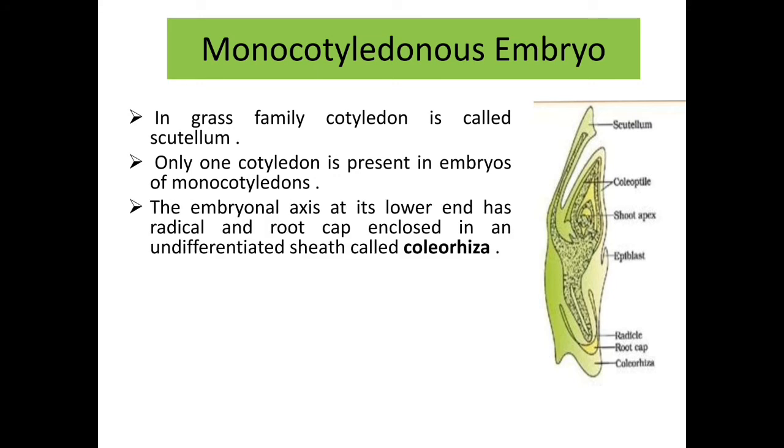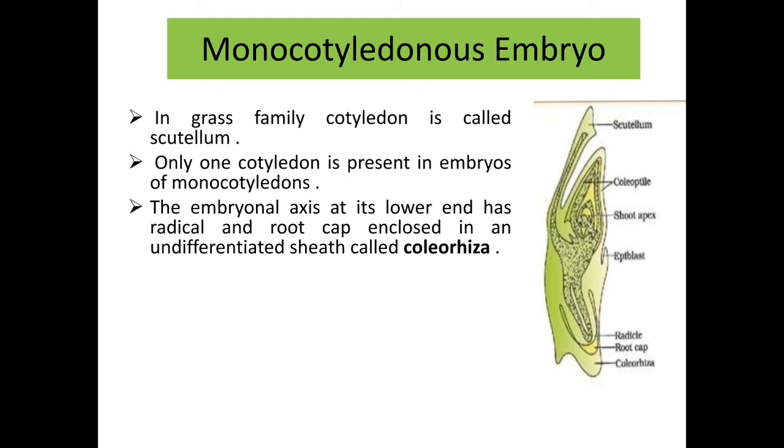The embryonal axis at its lower end has radicle and root cap. Here you may see radicle, it is labelled in the diagram, and root cap. The root cap is enclosed in an undifferentiated sheath called coleorhiza.